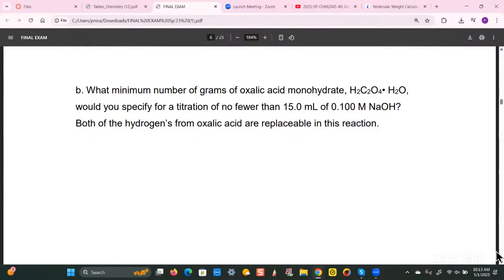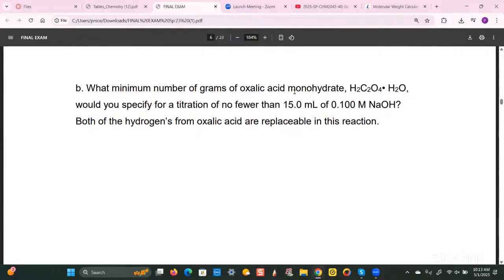So B says, what minimum number of grams of oxalic acid monohydrate, and it gives you the formula here, will you specify for titration of no fewer than 15.0 mils of a 0.100 M solution of sodium hydroxide? And it says here, both the hydrogens from the oxalic acid are replaceable in this reaction. So the way I'd go about this first is that I'll write a balanced equation for this reaction.